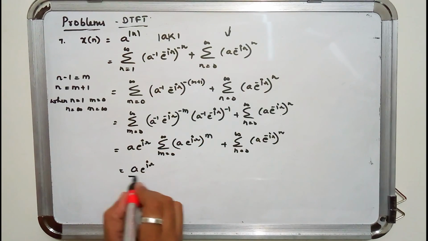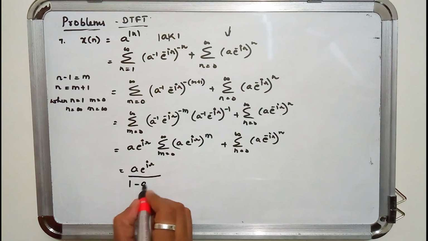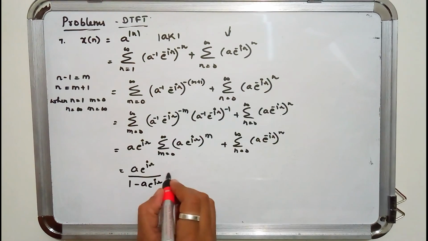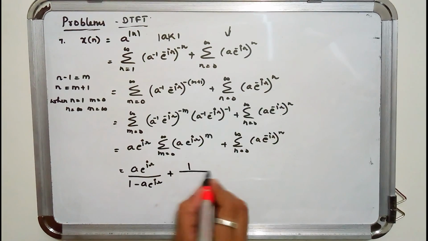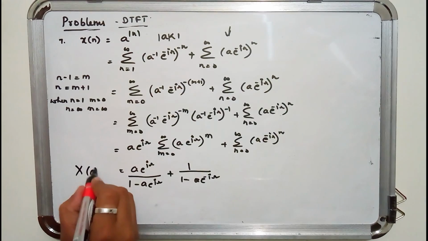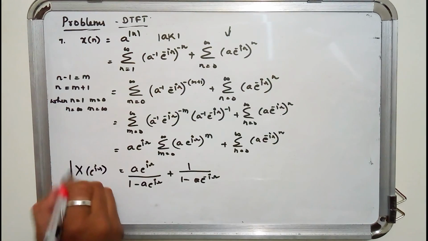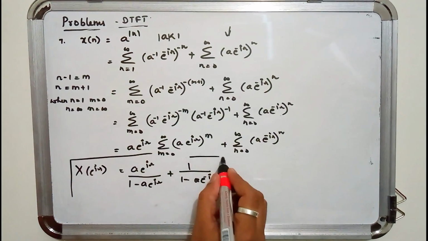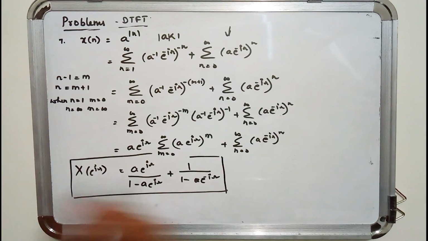It is 1 by 1 minus alpha. It is 1 by 1 minus a e power j omega plus, this is direct, 1 by 1 minus a into e power minus j omega. So this is the final discrete time Fourier transform of a power mod n.